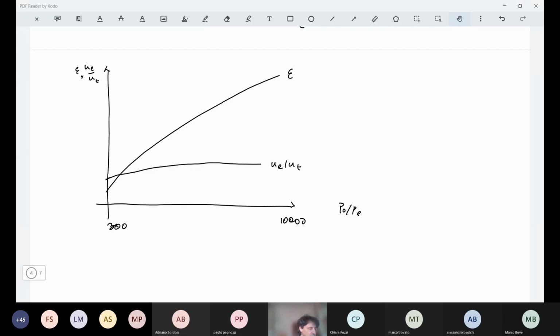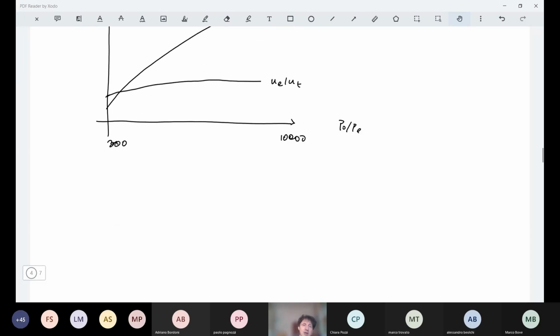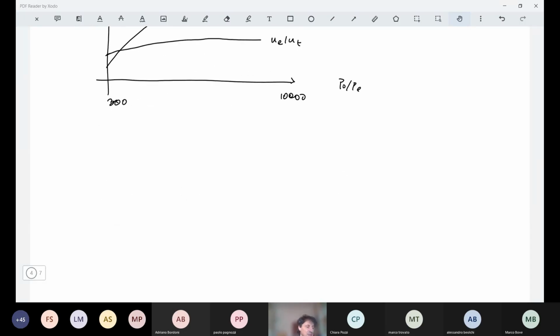It can be useful to make a step back and make some further consideration on what happens to a choked flow when we have a lower value of pressure in the ambient. So, let's make it simple, we have something that ends in this way.